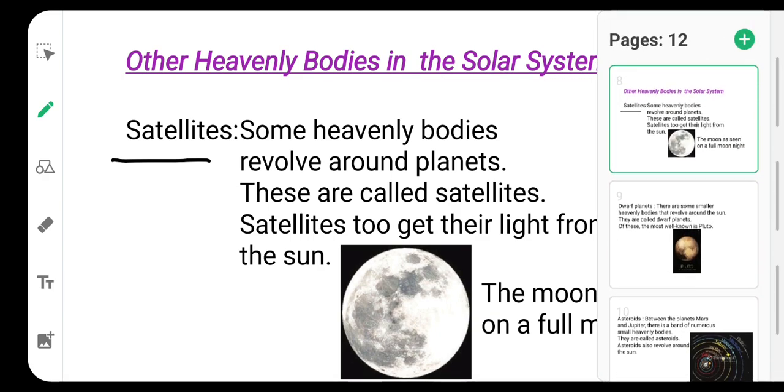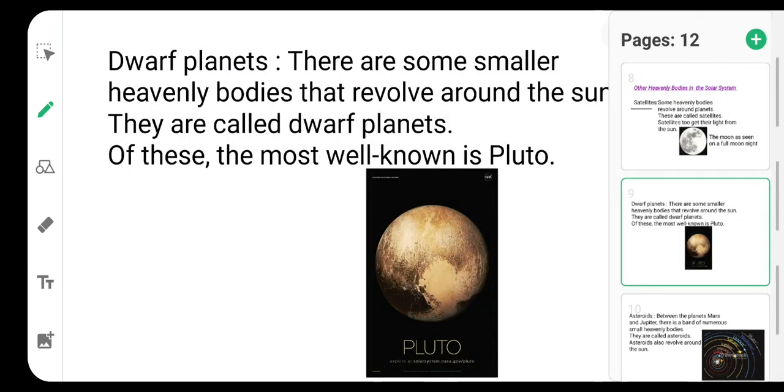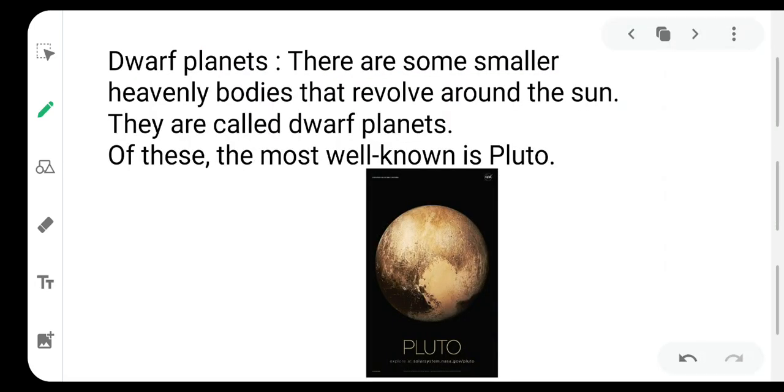Now comes dwarf planets. Now what is this dwarf planet? There are some smaller heavenly bodies that revolve around the sun. They are called dwarf planets. Of these, the most well known is Pluto.